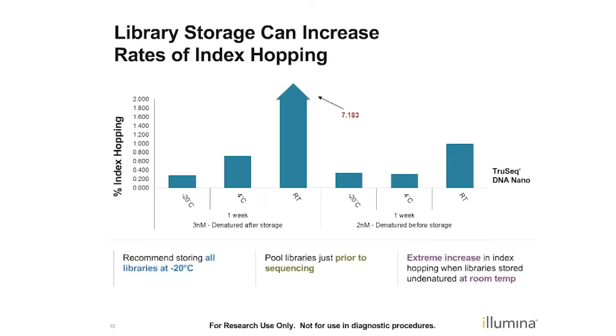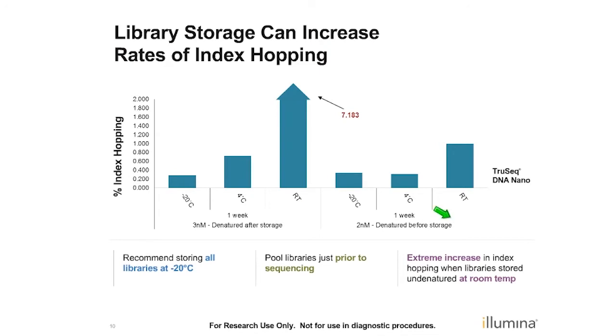So this is an example of how library storage conditions can alter and increase the rates of index hopping. These are some experiments we did where we took libraries, these are actually nano, so these are PCR plus libraries, and we left them 1 week of storage at -20 degrees, 4 degrees, or at room temperature, and this is denatured after storage or denatured before storage.